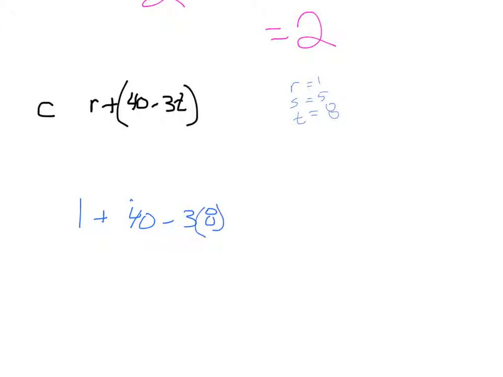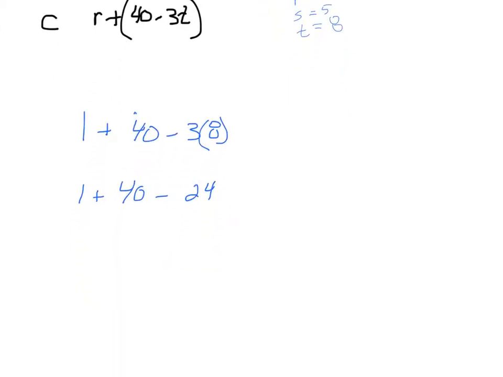Now to start off with, please excuse my dear Aunt Sally, we have some multiplication to deal with. So 3 times 8 is what? 24. You have 1 plus 40 minus 24. Work this left to right in this case. So 1 plus 40 is 41, minus 24 is 17. Ladies and gentlemen, 17 is your correct answer.